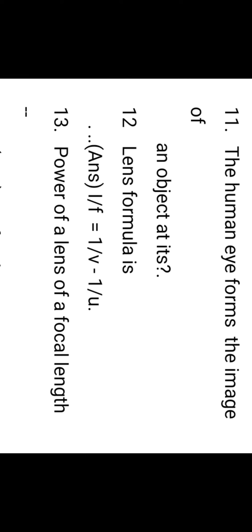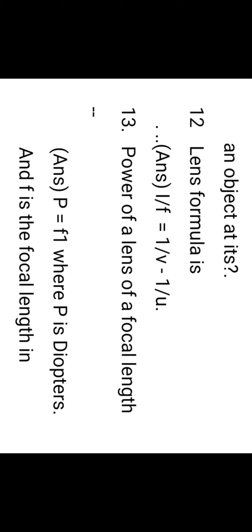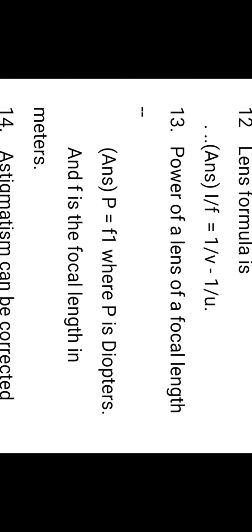The next question: the human eye forms the image of any object at its retina. The right answer is retina. The next question: the lens formula is 1/f = 1/v - 1/u.